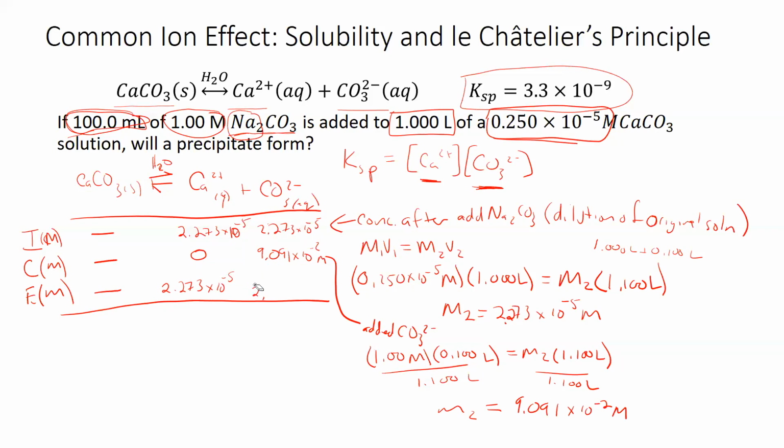Try this again. Should be 9.093, right, 273 times 10 to the -2.